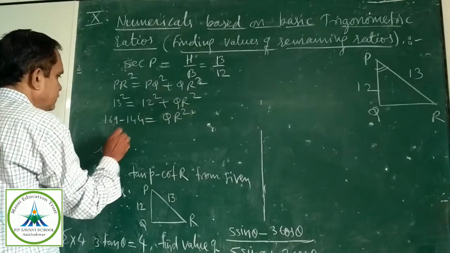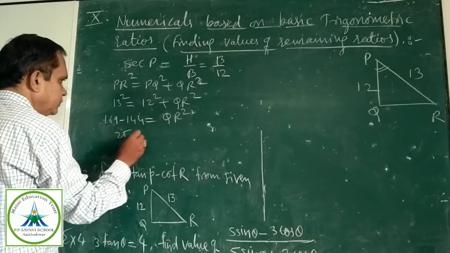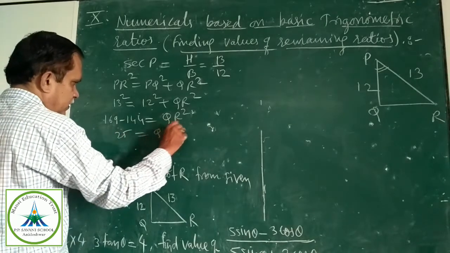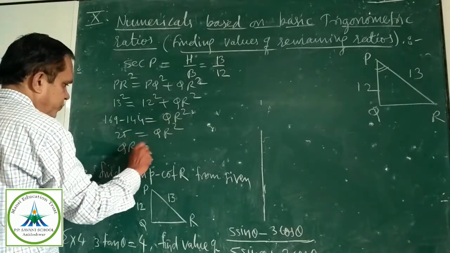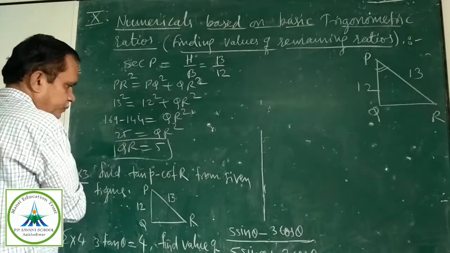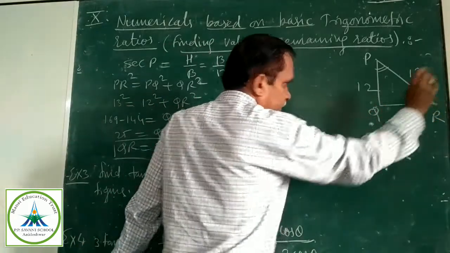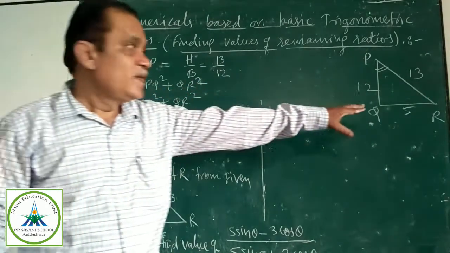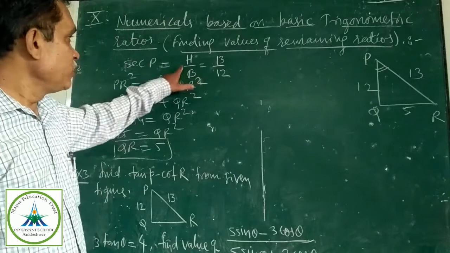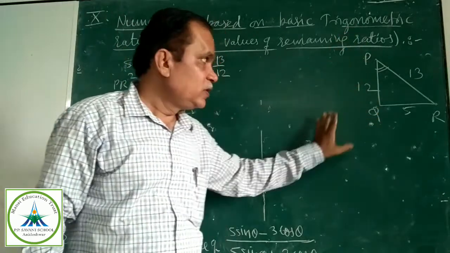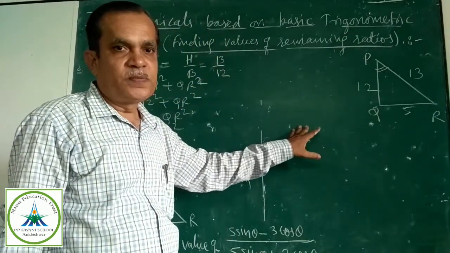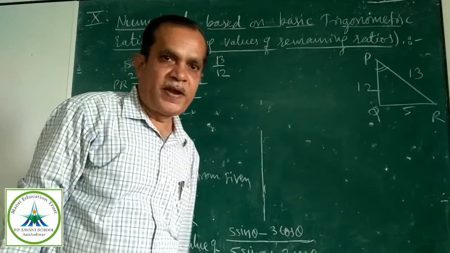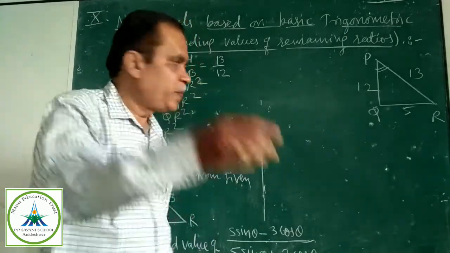We got 25. So QR equals 5. Important part is this: name these values according to the formula, and then sin P, cos P, tan P you can find. Yes, so this is part 1.